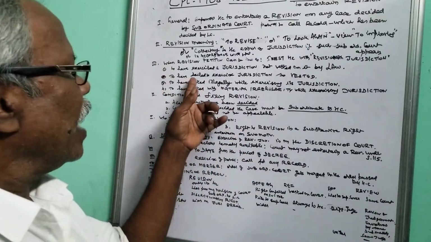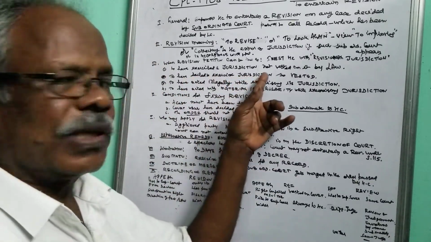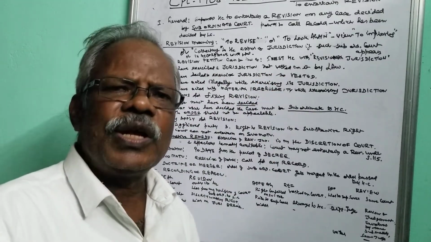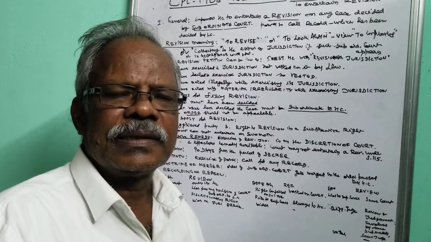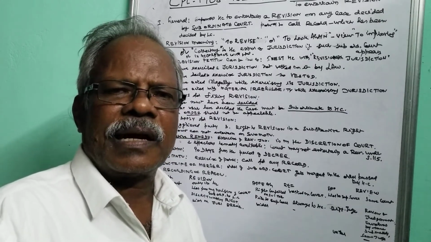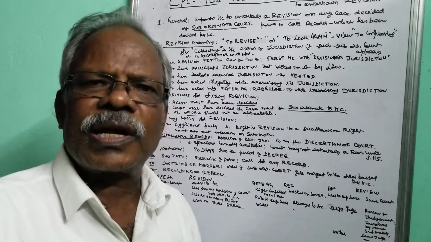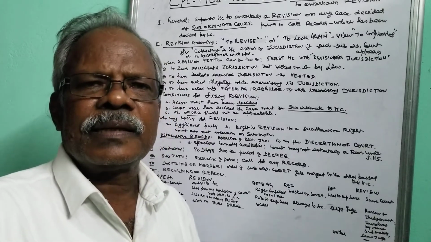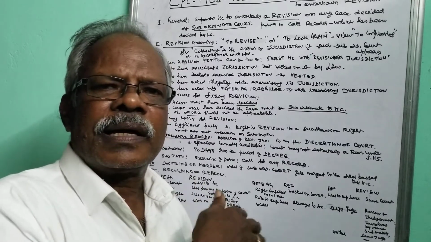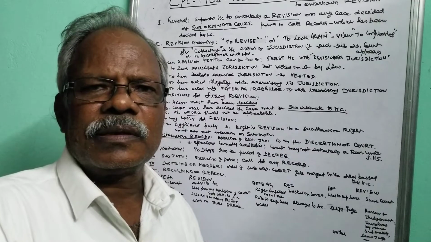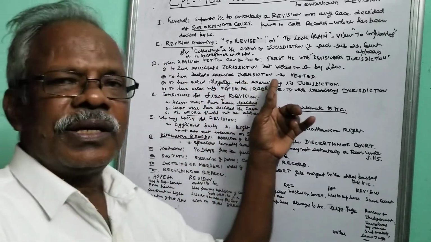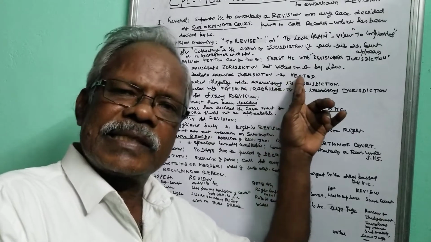One is to have failed to exercise jurisdiction so vested. If the lower court failed to exercise jurisdiction or the limit of power, probably it may be the cause of pecuniary or geographical jurisdiction, then such cases can be taken up by the High Court for revision. Then to have acted illegally while exercising jurisdiction.